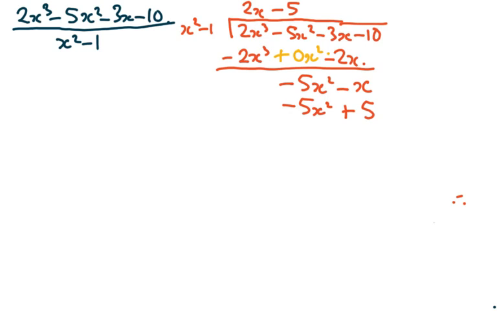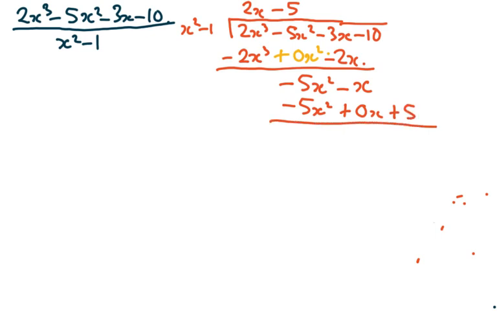I'll write it like this, and then plus 0x. Then we have negative 5 times x squared, negative 5x squared, and negative 5 times negative 1 is positive 5.